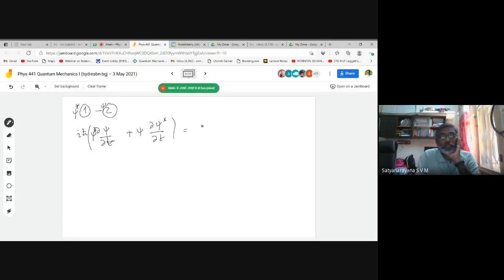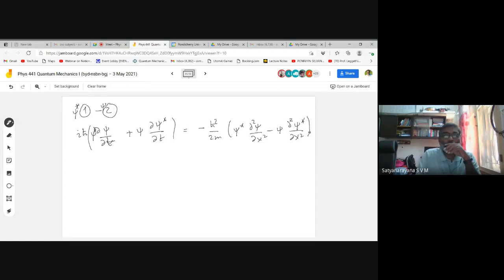This is equal to minus h bar square by 2m into psi star del square psi by del x square minus psi del square psi star by del x square. The other term will cancel because psi star V psi is the same as psi V psi star. V is a real quantity. So this is what we will have.